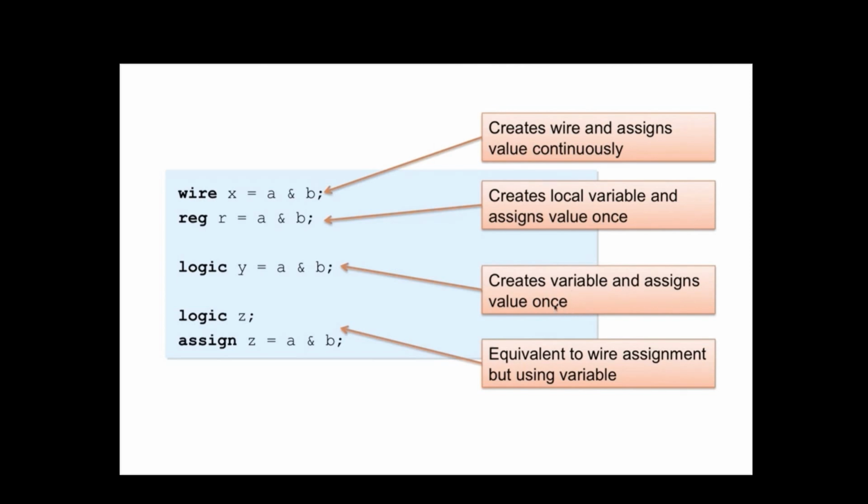So if you want to emulate the wire behavior, what you actually have to do is create the variable, in this case logic Z, and then do a continuous assignment to Z, which is legal in SystemVerilog because you can do one assignment to a variable in this case.